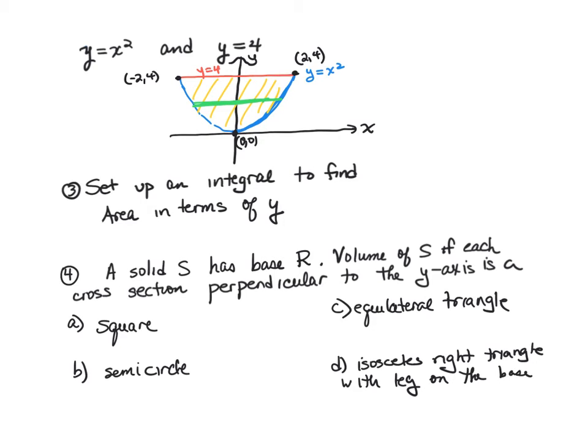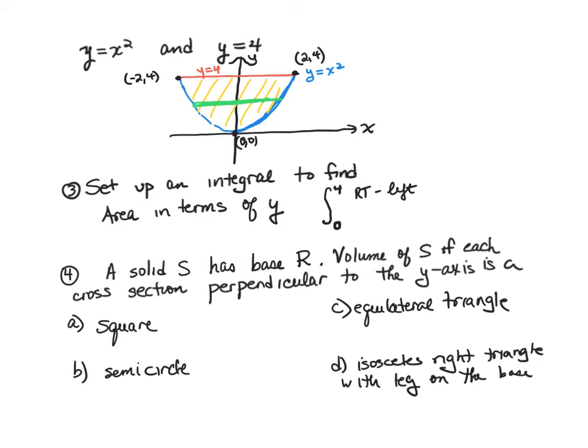And notice that we have to use y limits of integration. So the y limits of integration would be the two horizontal lines, y equals 0, which is the x-axis, to y equals 4. And the generic formula is right minus left.